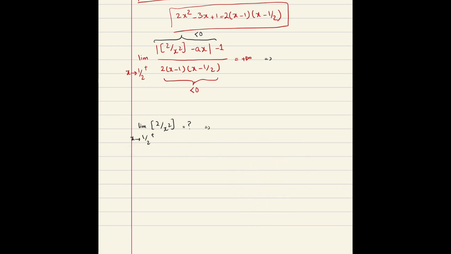So the limit of square bracket 2/x⁴, with x approaching 1/2 from the right hand side, would be equal to 2 over 1/2 to the power 4, which is 2 over 1/16, which would be equal to 31.99, something like that. And the square bracket of 31.999 would be 31.